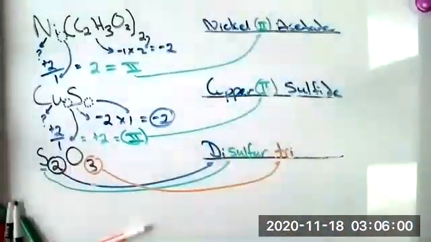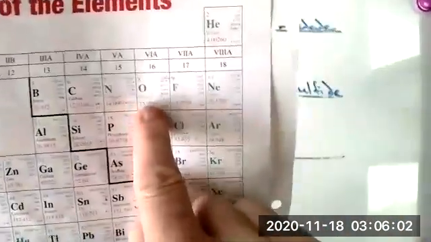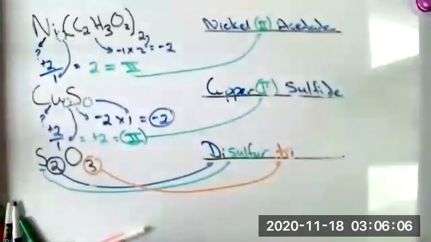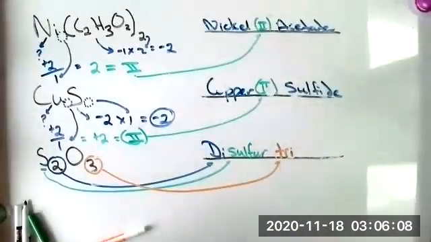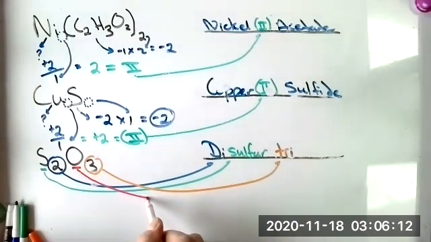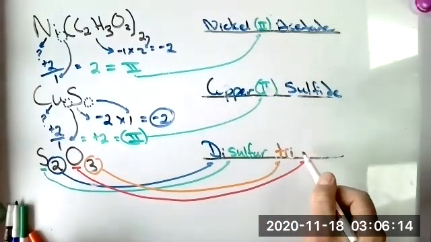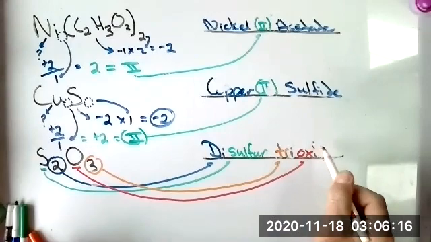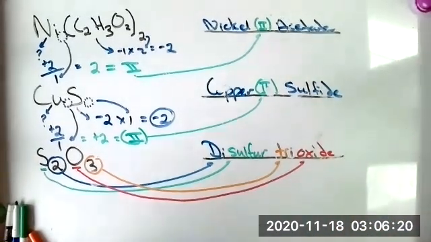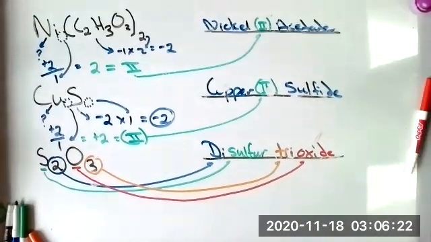O on your table is oxygen. You're going to change that to oxide. So I'm going to take this O and force you to change it to end with oxide. Woohoo! Gotta love those, man.